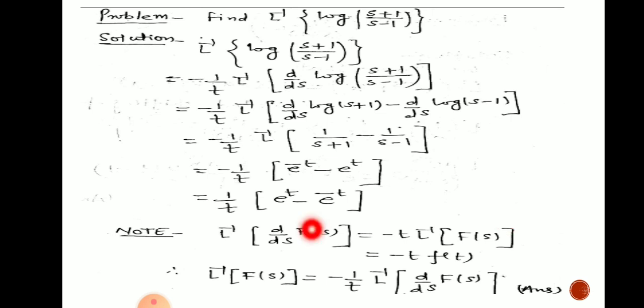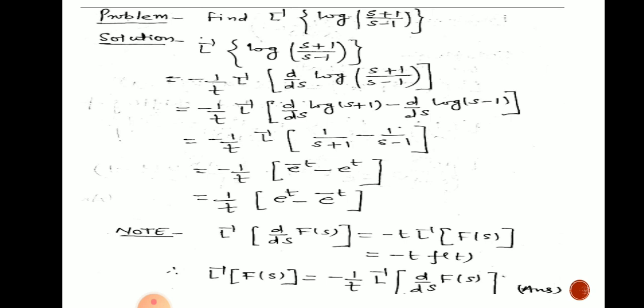So Laplace inverse of F(s) means, sending minus t to the other side, this is equal to minus 1 by t Laplace inverse of d by ds F(s). So in this numerical we use this derivative formula of inverse Laplace transform to solve this problem.